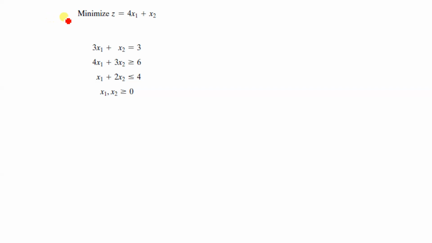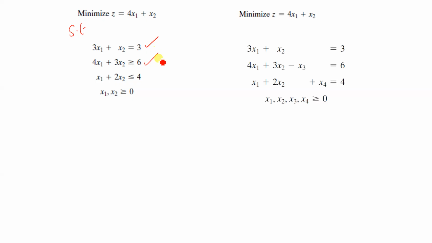This is an example where we have to minimize the objective function z equals 4x1 plus x2 subject to these constraints. One of the constraints is an equation, the second constraint is a greater-equal inequality, and the third constraint is a less-equal type of inequality. First of all, we have to transform this into equation form. This is the equation form of the system.